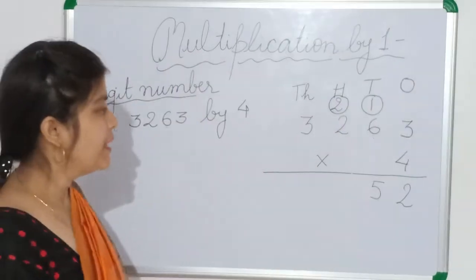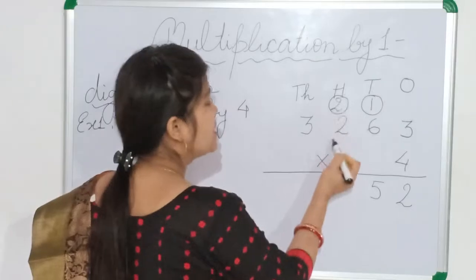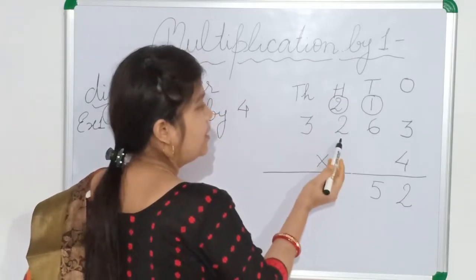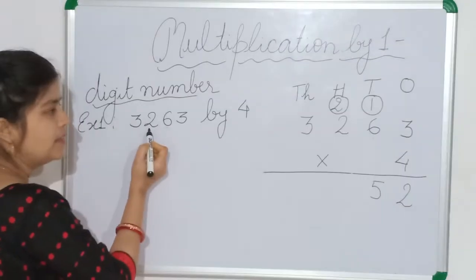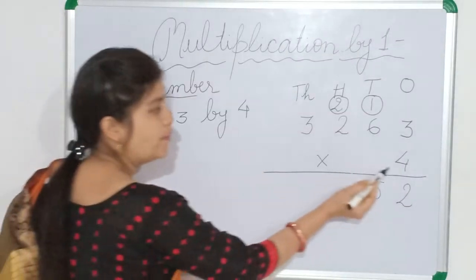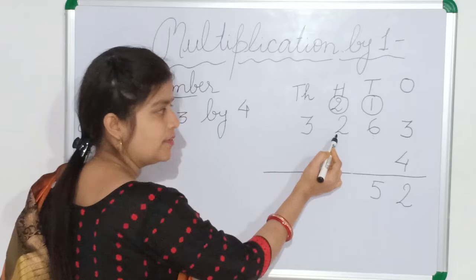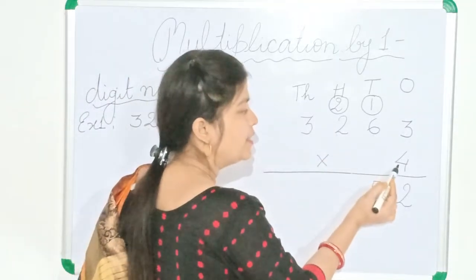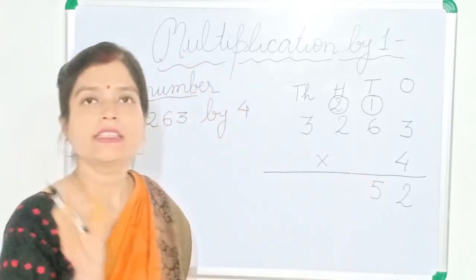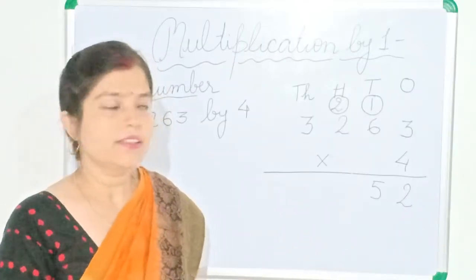Now we will multiply the number which is in hundred place. Here it is 2. So I will multiply 4 into 2. 4 2s are 8, means 200 into 4 will be 800. Is it clear?